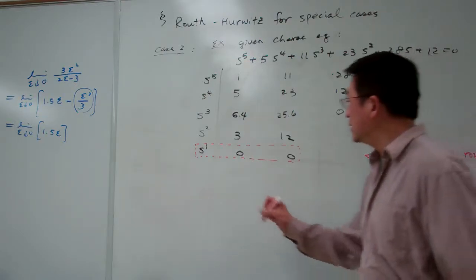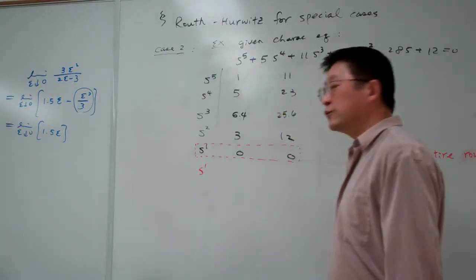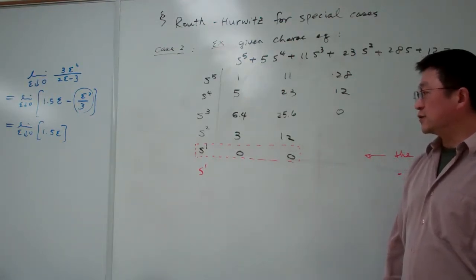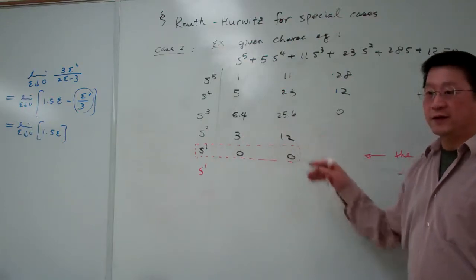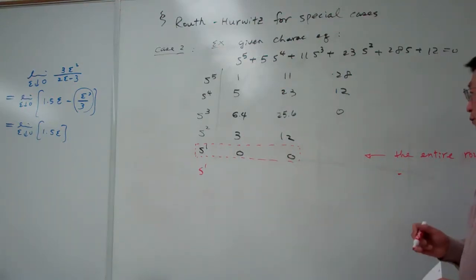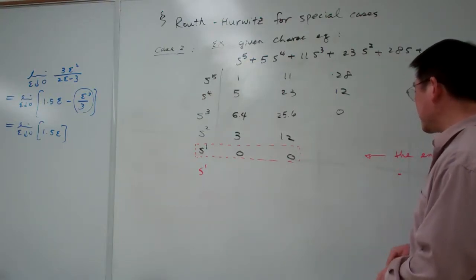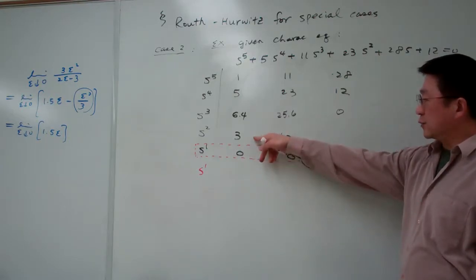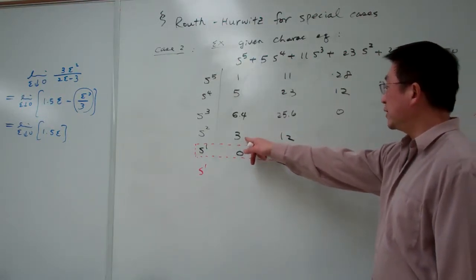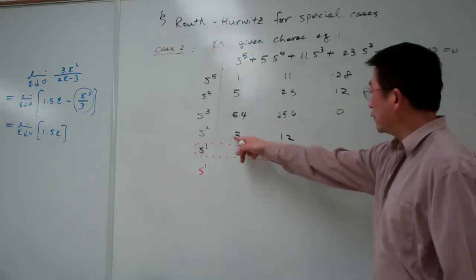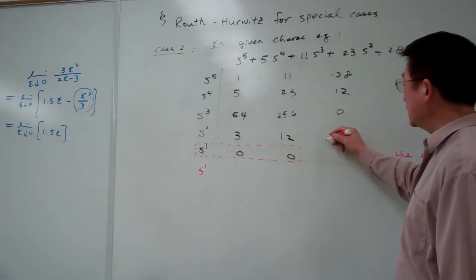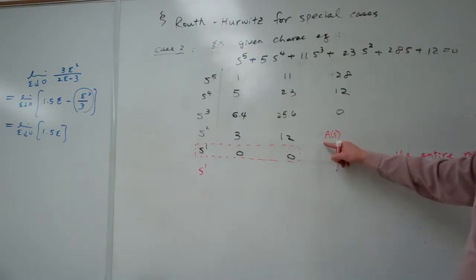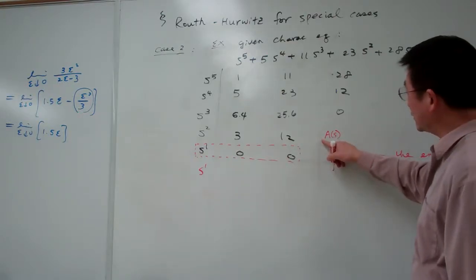The replacement is such that the terms in the new row are determined by the information above it. From the information in the row above, for this row we call it the auxiliary row, A(s). That is the auxiliary, kind of hard to pronounce.